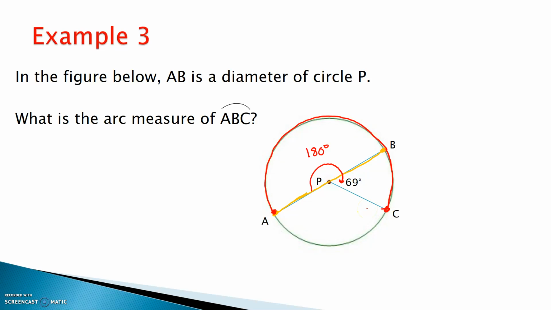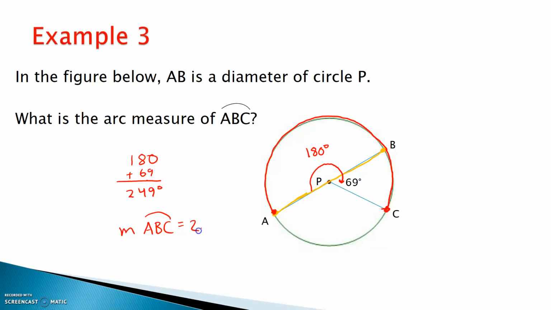Now it's just composed of 2 pieces: 180 degrees plus the 69 degrees. So from A all the way through B to C, that's 180 plus 69, which is 249 degrees.